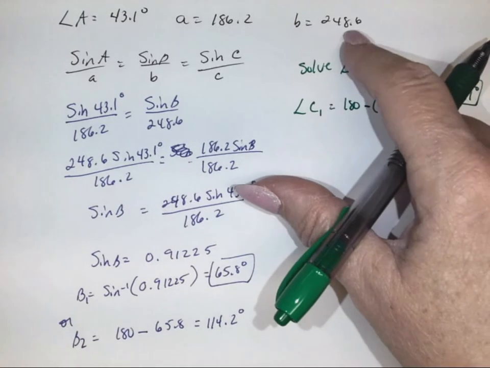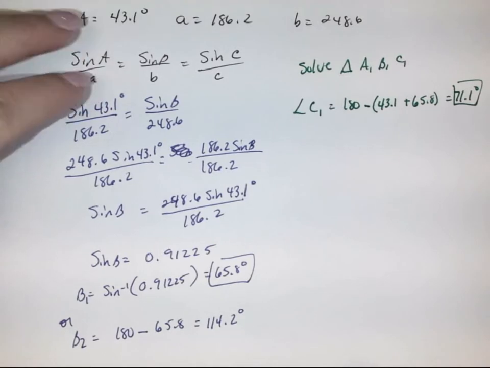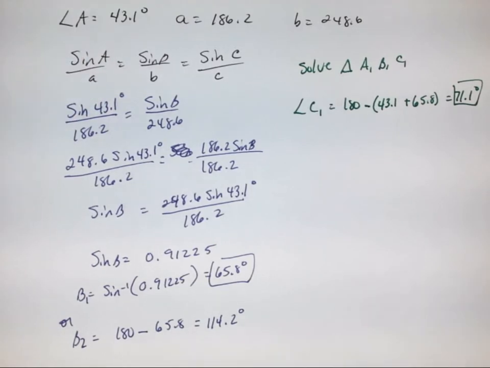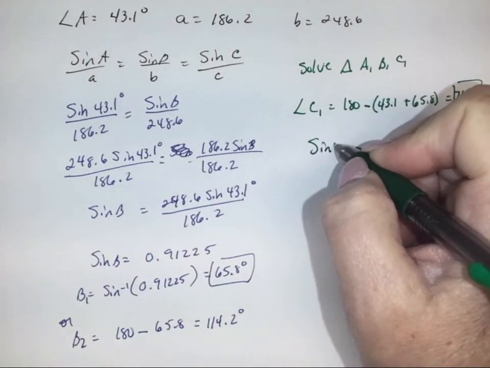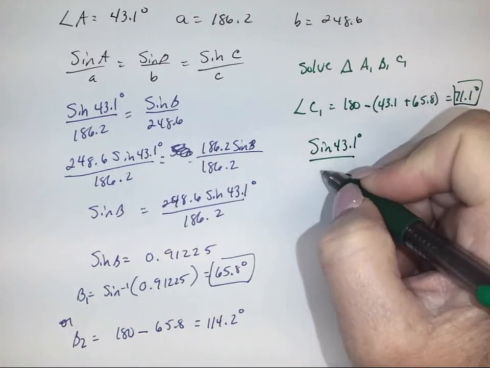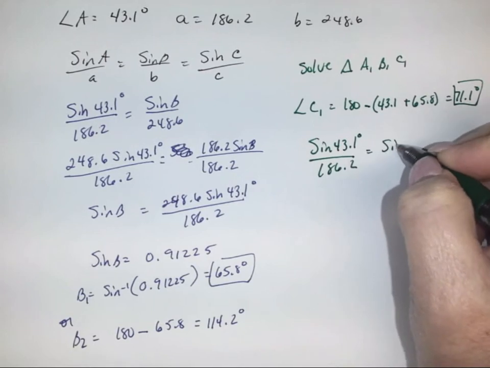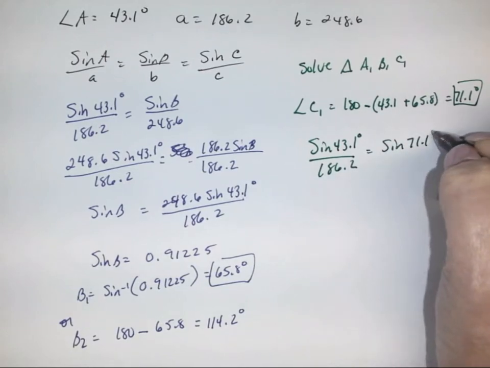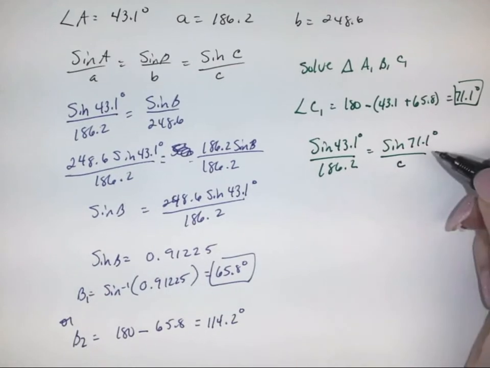And we have one side here, two sides there, so we only have side C to find. So we're going to go back and use our sine of A over a. So we will have the sine of 43.1 degrees over that 186.2 is equal to the sine of 71.1 degrees, which is our angle C, over little c.